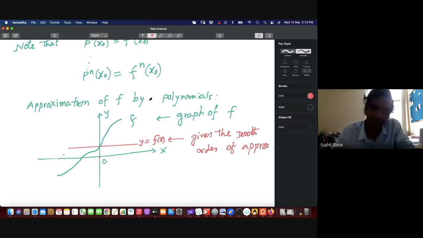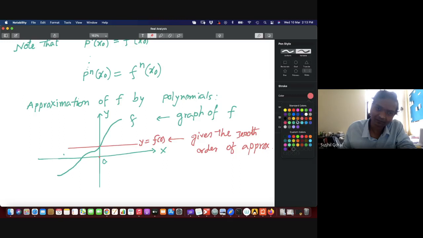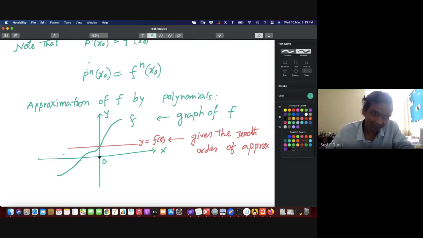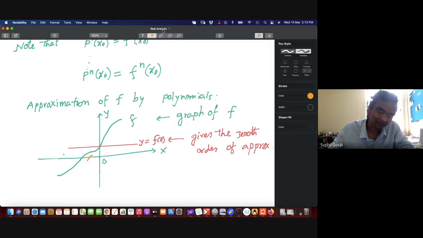Right, so what would be the first order? Can you guess? f(0) plus f dash 0 times x. Right, which is the line which is tangent.